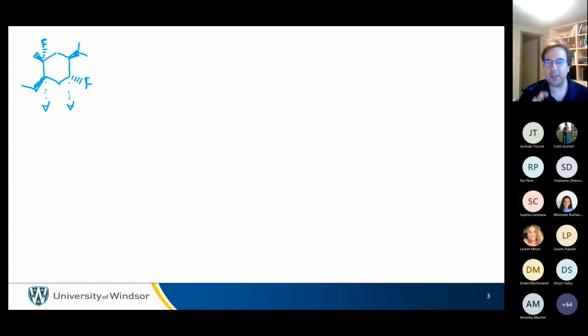So Hannah's question was, does it matter how I number the carbons? No, it doesn't. If I'm trying to name the compound, does it matter how I number the carbons? Yes, it does. But I'm not trying to name this compound. I am just trying to draw it. And so what I care about is drawing it.